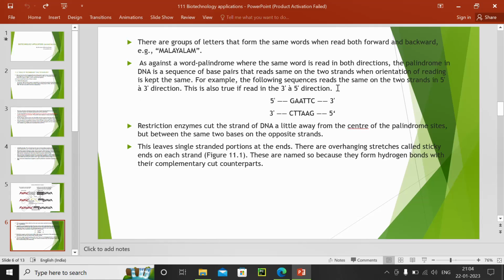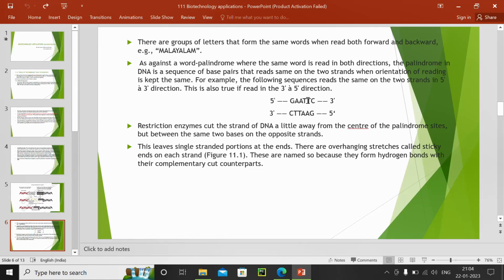For example, the following sequence reads the same in the two strands from 5 prime to 3 prime end. This is also true if I read in the 3 prime to 5 prime direction. See, this is 5 prime to 3 prime, and this is 3 prime to 5 prime. And this is the DNA molecule. It is nothing but a palindromic sequence.